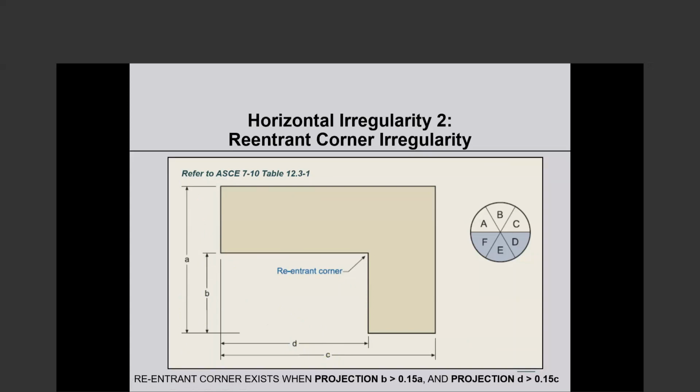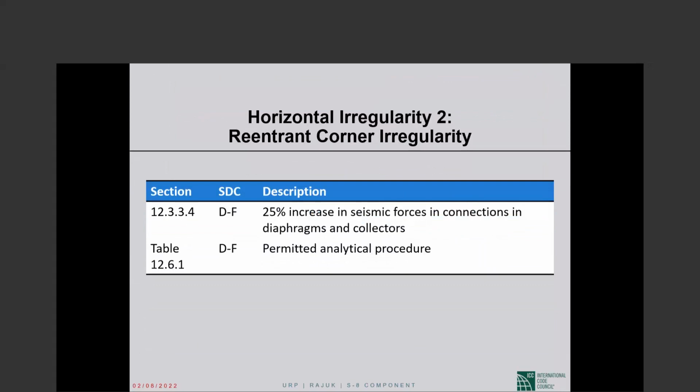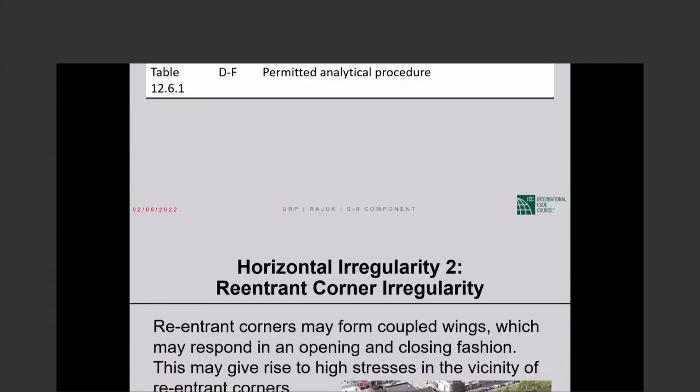So this is the definition, and these are the restrictions. The 25% increase in seismic forces in connections and diaphragms and permitted analytical procedure. If you have horizontal type 2, that is a bad irregularity, and you will have to do dynamic analysis even for shorter buildings.